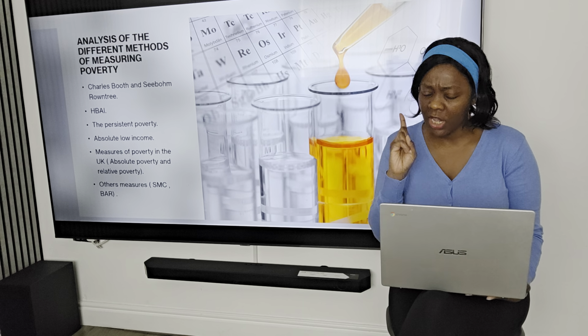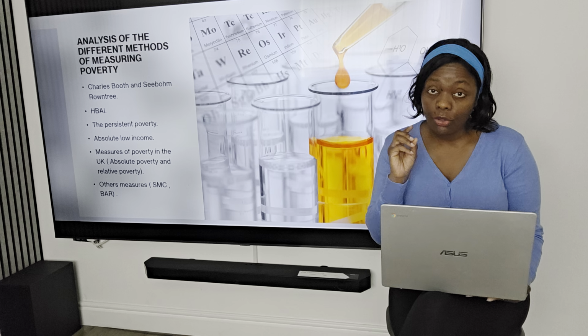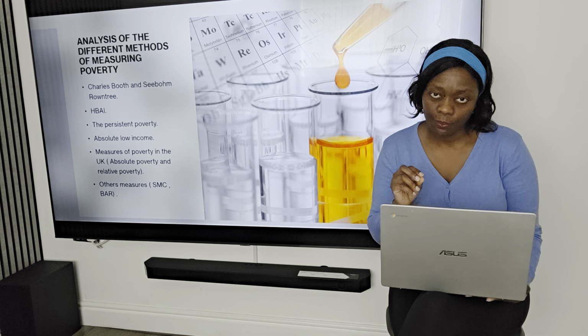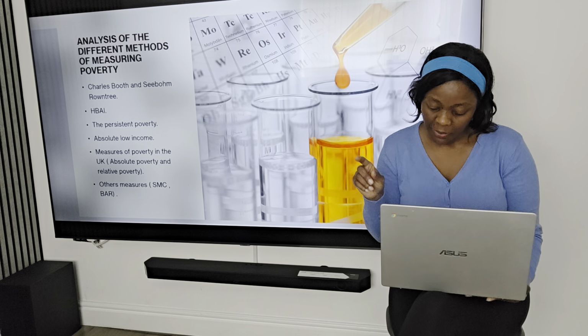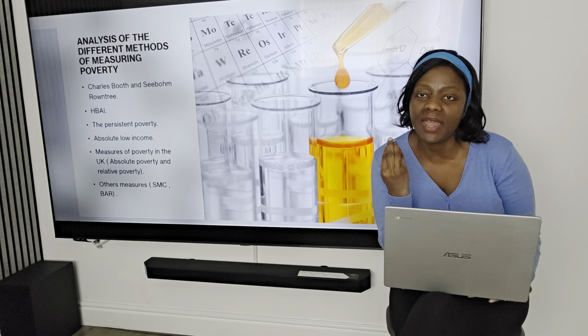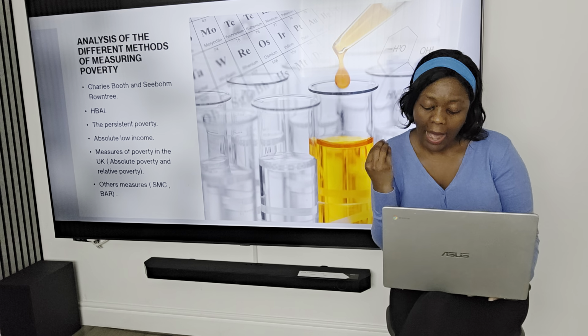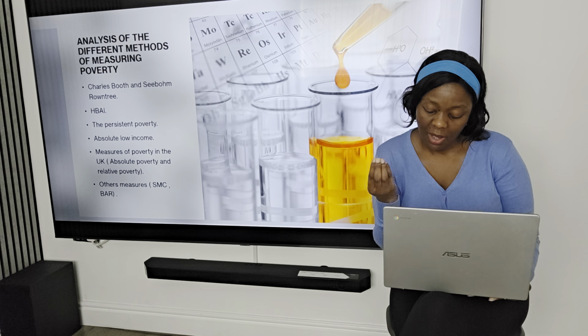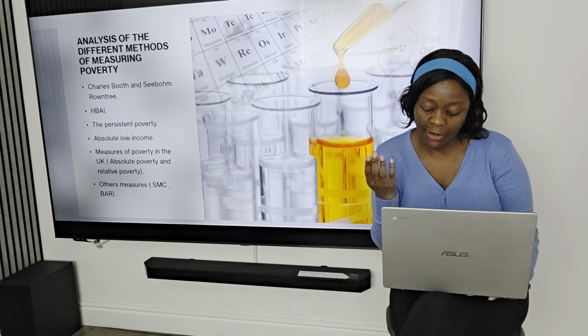Another point not to ignore is that the Department for Work and Pensions, DWP, has put in place a new measure called BAR, B-A-R, below average resources, that uses the framework suggested by the SMC.